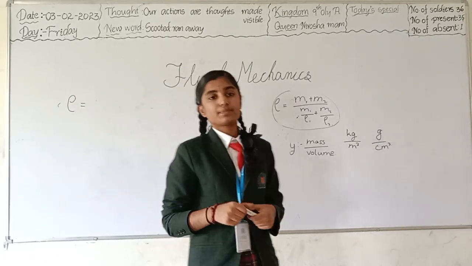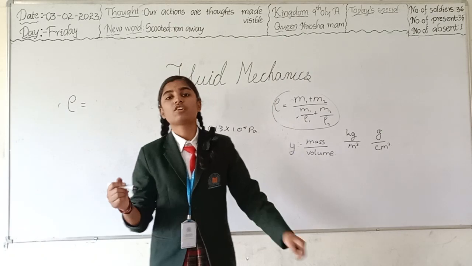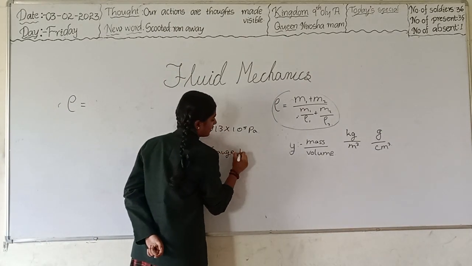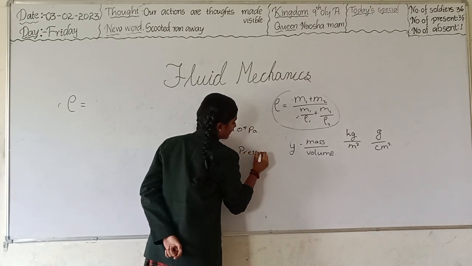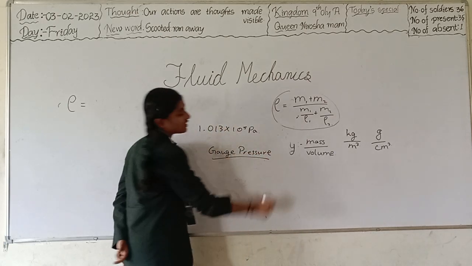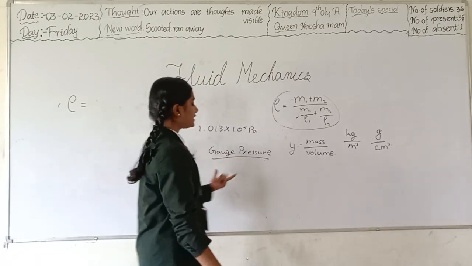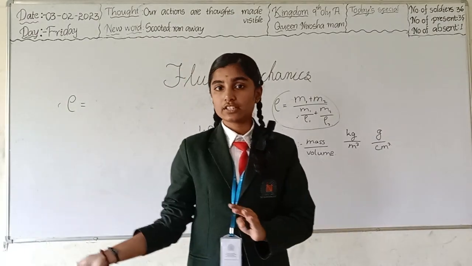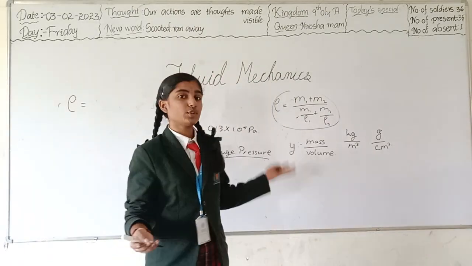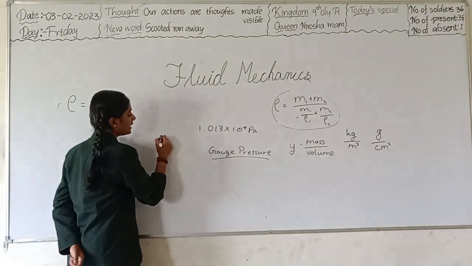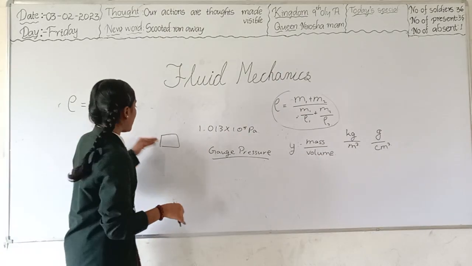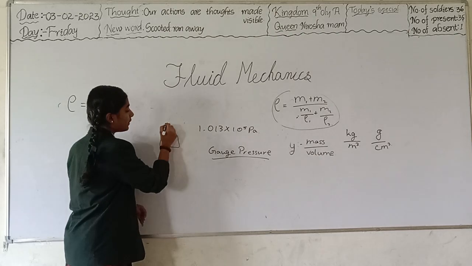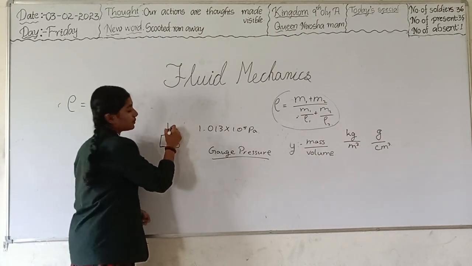And apart from atmospheric pressure, there is another important pressure called gauge pressure. What does gauge pressure actually mean? It is the pressure exerted by an object on the other object more than the atmospheric pressure. For example, take an object and I am pushing the object downwards. Then I have exerted some gauge pressure on this.